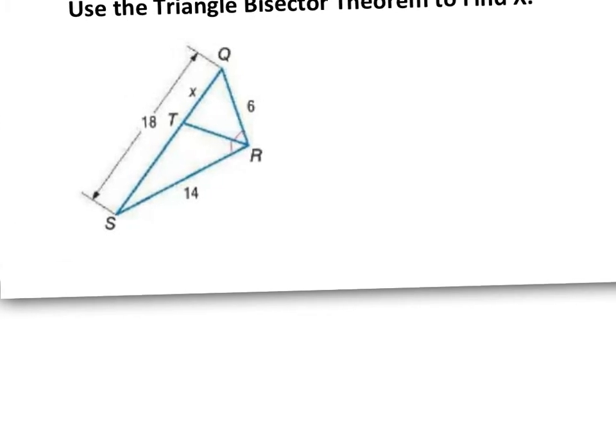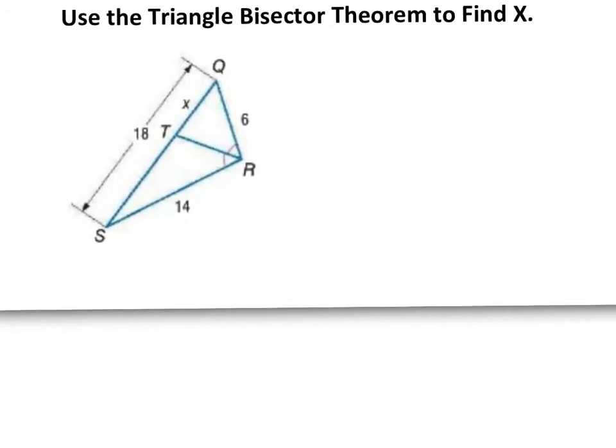We're going to find x here. So here we have an angle bisector. That means these two segments are going to be proportional. So that ratio right there that we're looking at would be x over, since we have this side, we're going to put this side over this side, but we don't know this length right here.